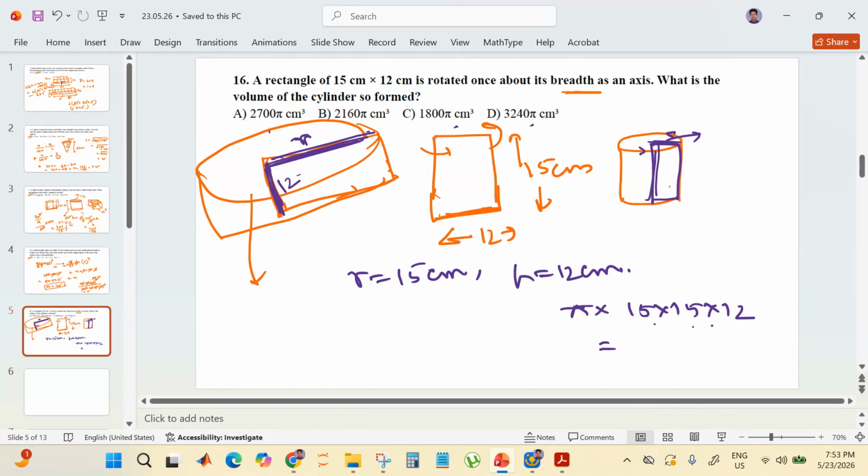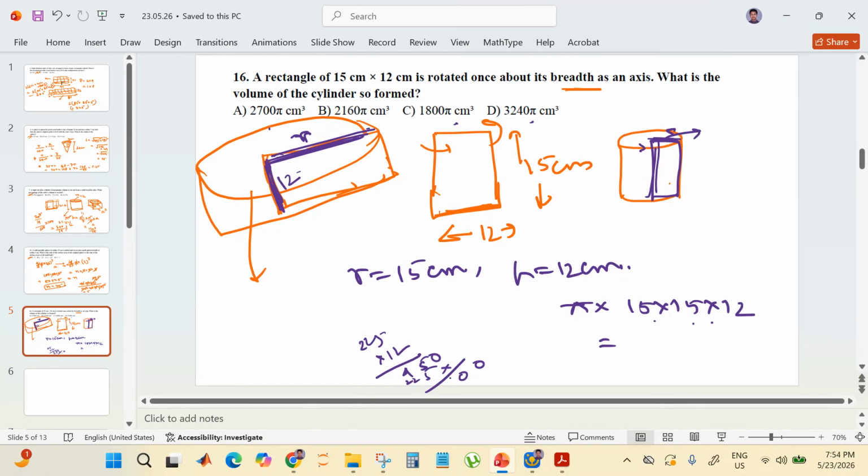So 15 square is 225 into 12, right? So 2 into 12 means 450, and 1 means 225. So 2700 pi. C will be the correct answer.